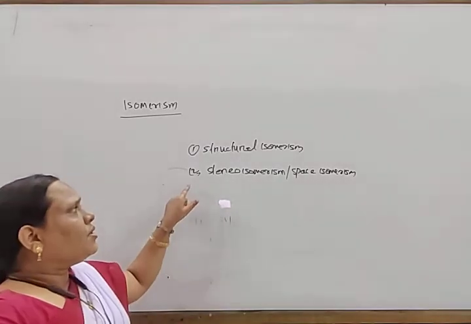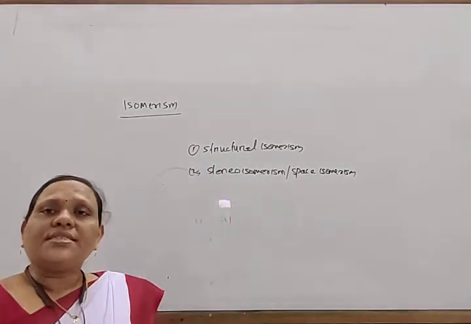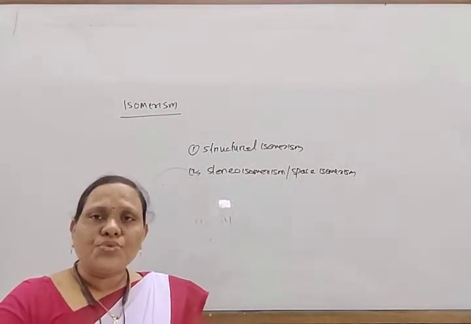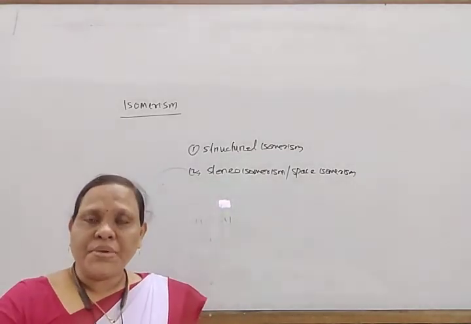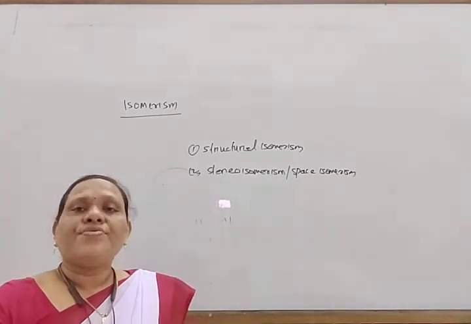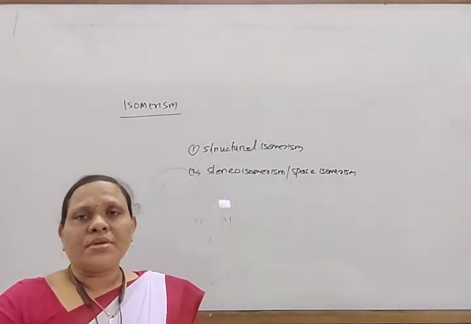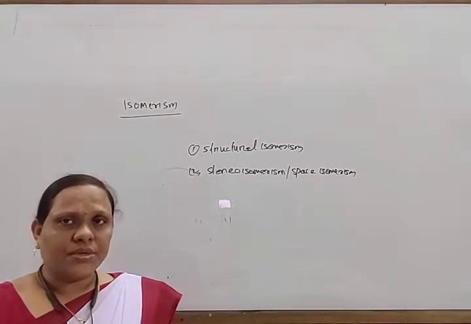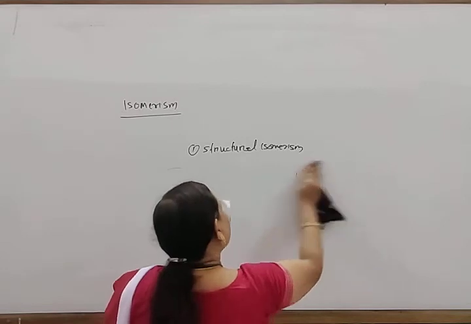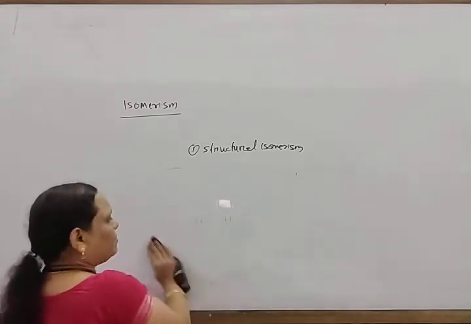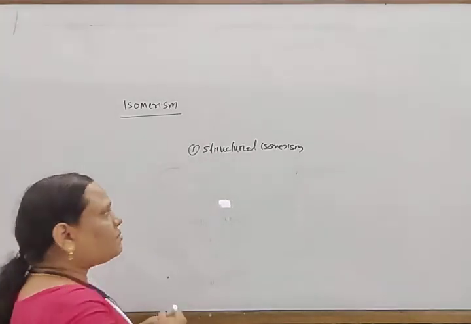Okay. So let us study structural isomerism. When the same molecular formula represents two or more compounds which have different structural arrangements of atoms or groups, then they are called structural isomers, and this phenomenon is called structural isomerism. And structural isomerism is again generally classified into 5 types. So what are the different types of structural isomerism?